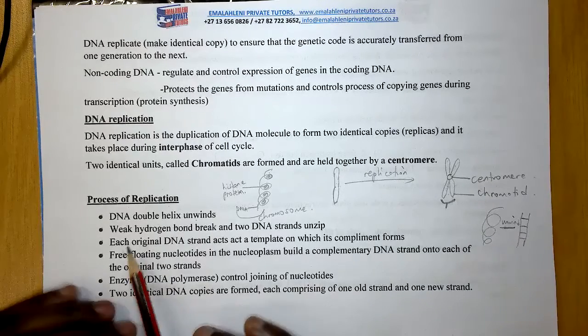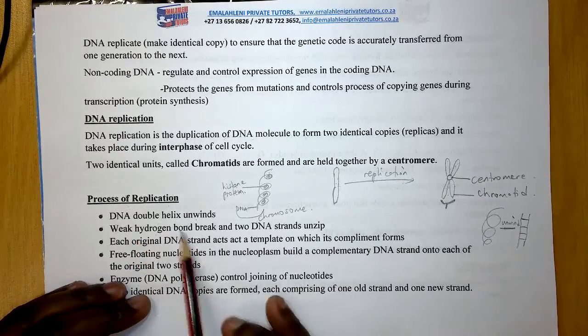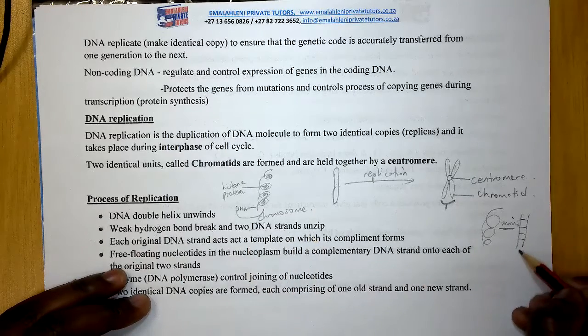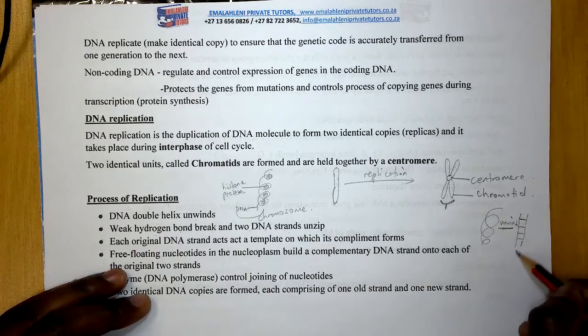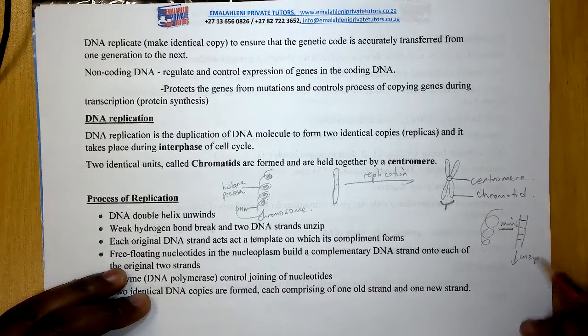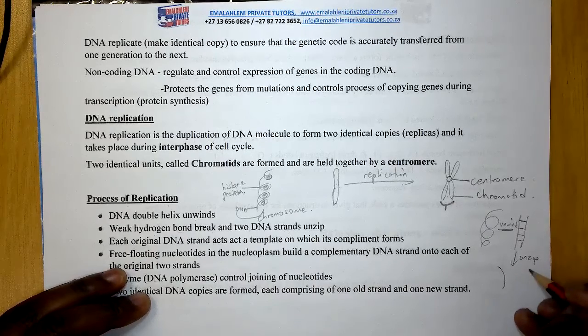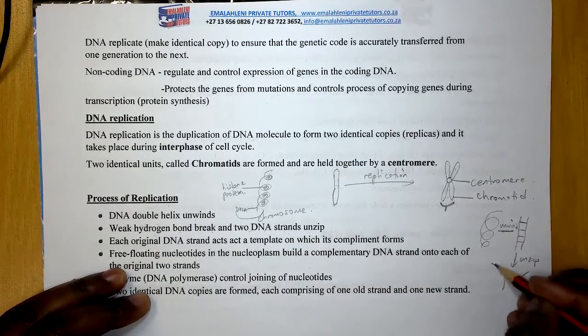So the weak hydrogen bonds break and the two DNA strands unzip. After unwinding, what happens is the unzipping. When it unzips, it separates like this, exposing the bases.